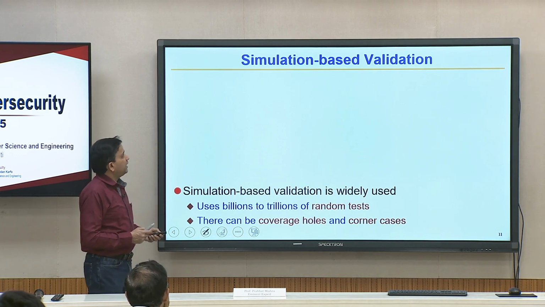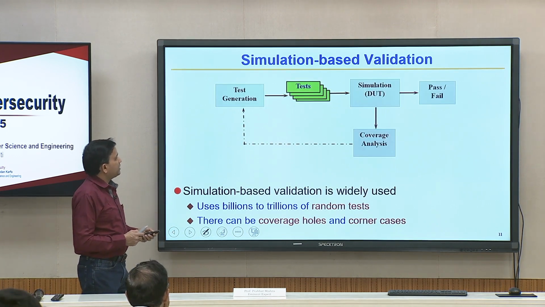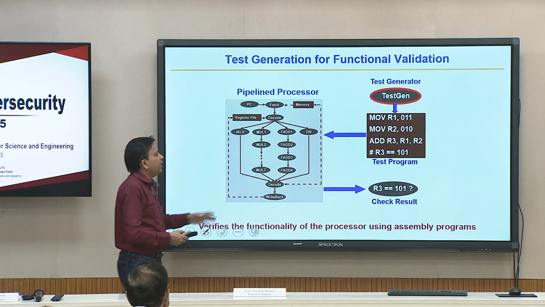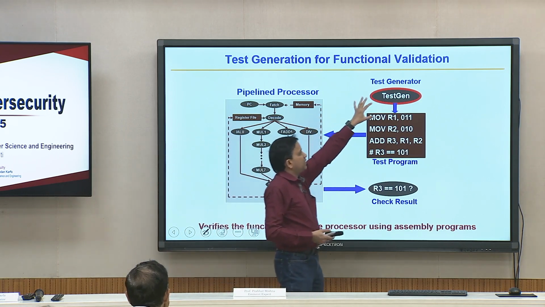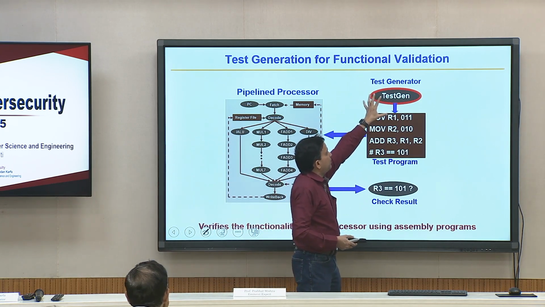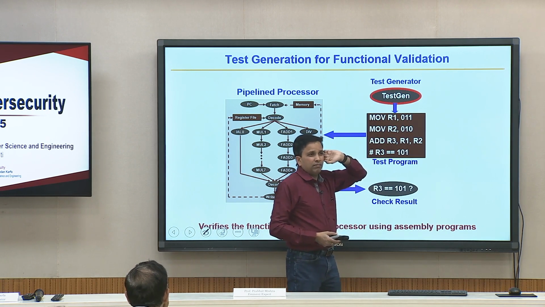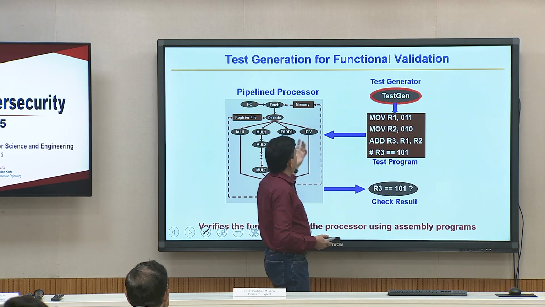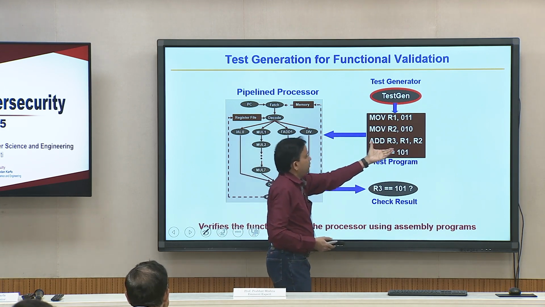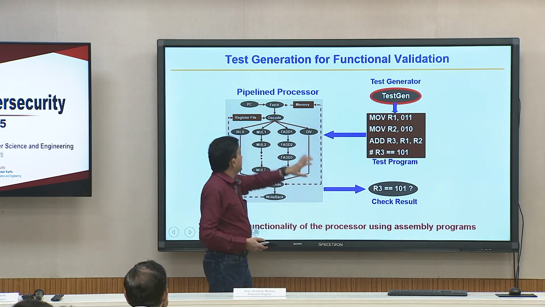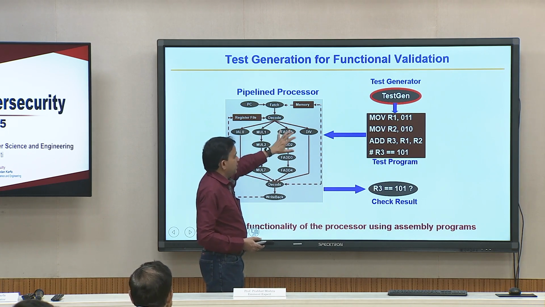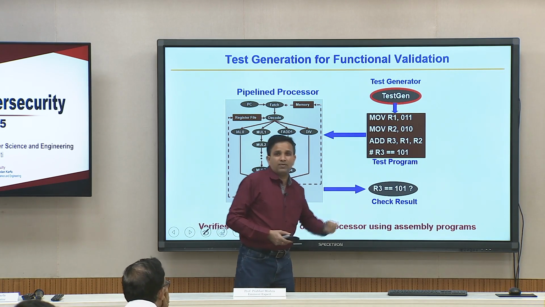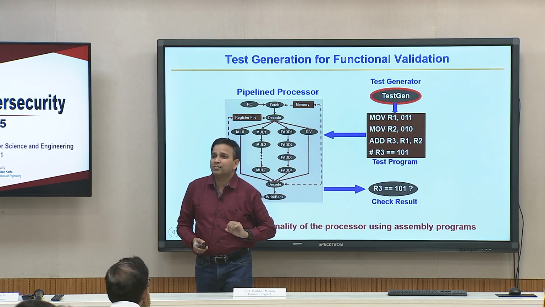To understand that, we need to understand test generation. So, what is a test generation problem? It is an algorithm, or you can do it manually, that would produce something. In the case of processor validation, you need to produce some assembly instructions that you can run on your design, and it is supposed to produce some result that you can check against the expected result.